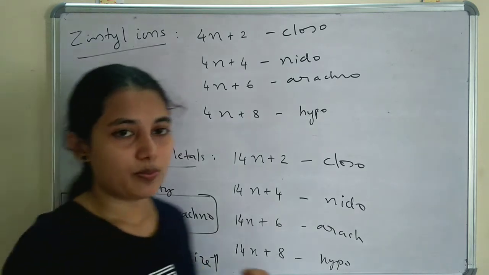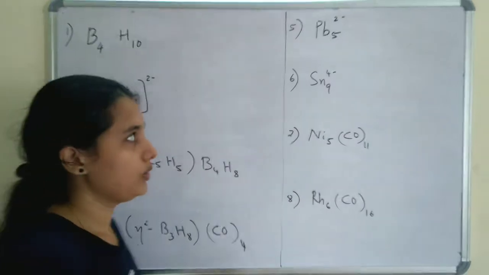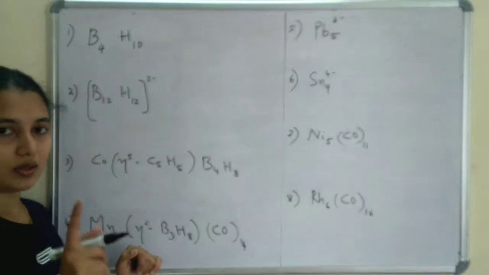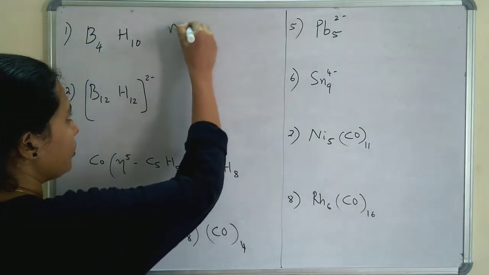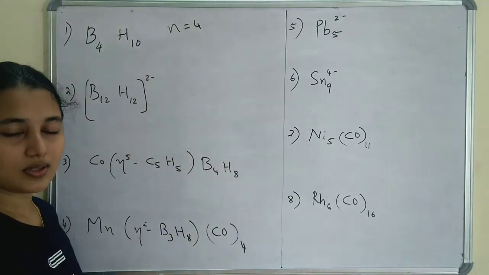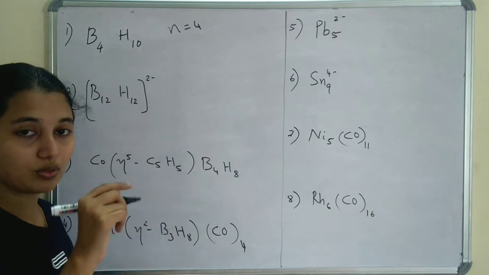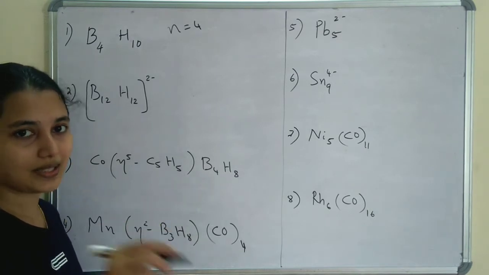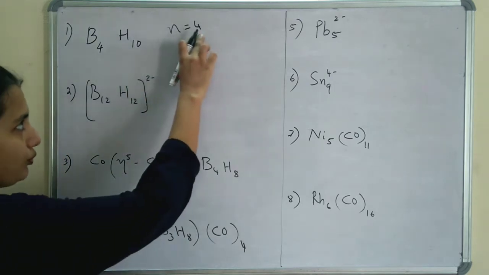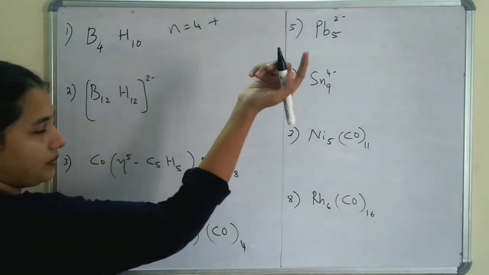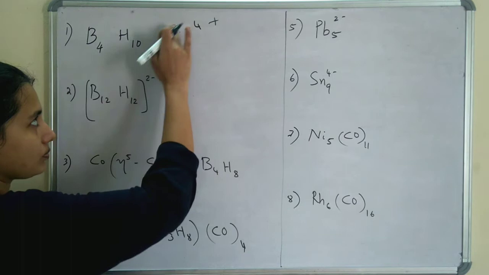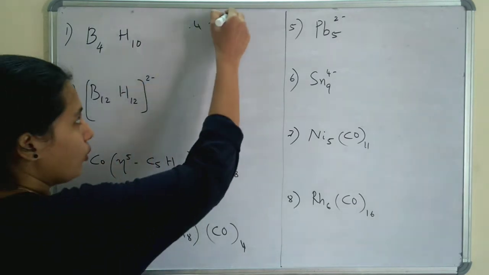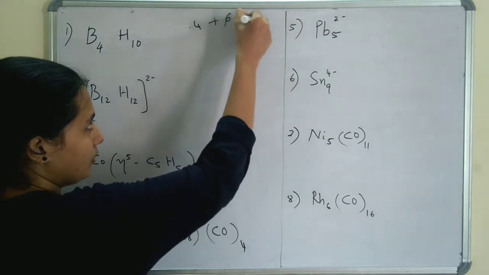So let's solve some problems. First one, B4H10. So n is equal to 4. The formulas are BnHn+2 Closo, n+4 Nido, n+6 Arachno. Here n is 4, plus some number that we don't know gives 10. So 10 minus 4 is 6, 4 plus 6 is 10.